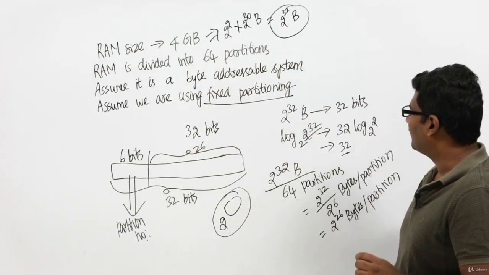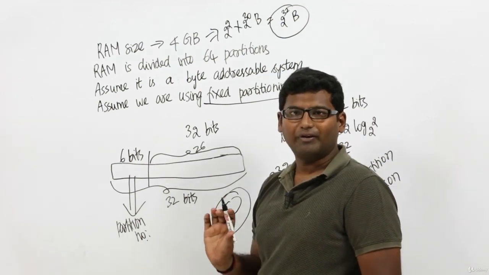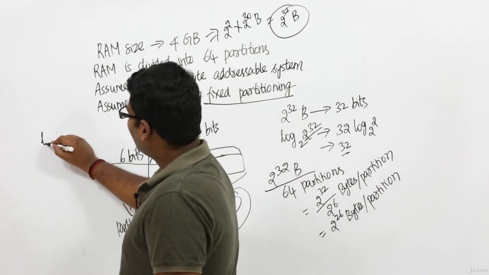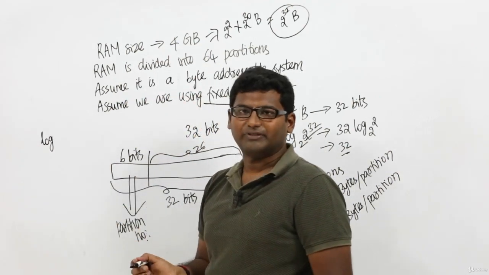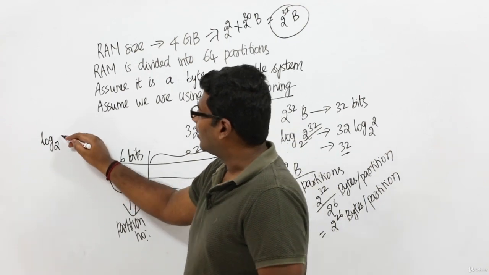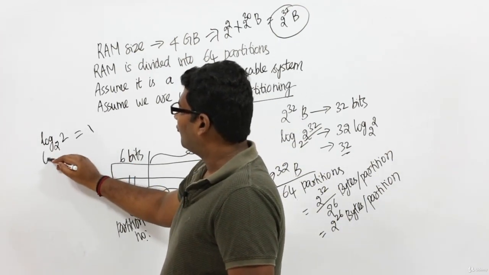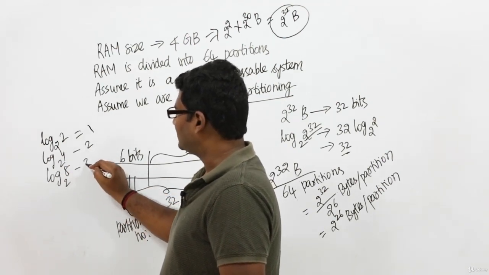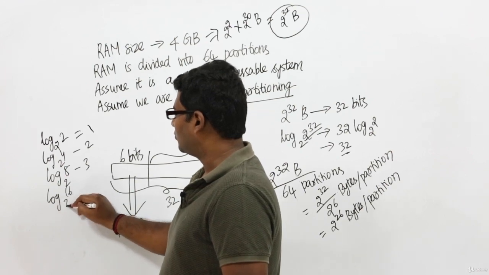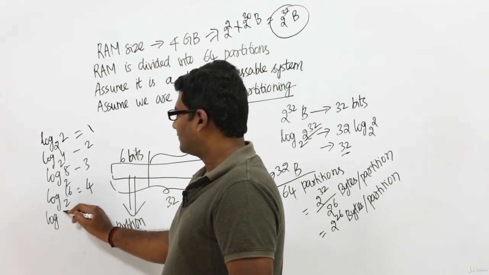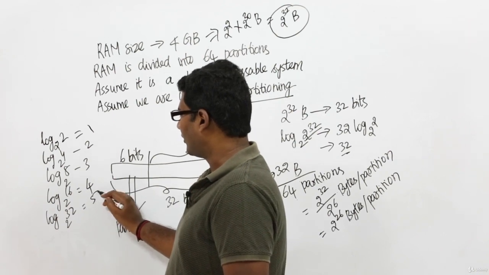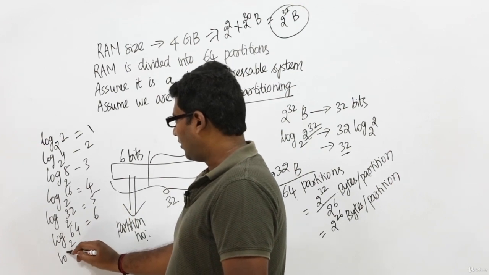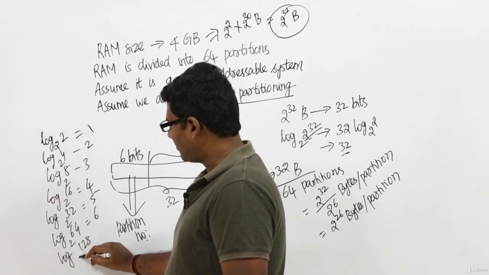And one more thing, you should be very comfortable with logarithms. In case you are not very comfortable with logarithms, go through the basics of logarithms. Log base 2 is very important in computer science. Log 2 base 2 is 1, log 4 base 2 is 2, log 8 base 2 is 3, log 16 base 2 is 4, log 32 base 2 is 5, log 64 base 2 is 6, log 128 base 2 is 7.